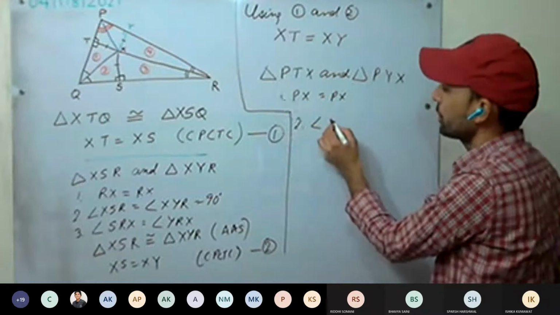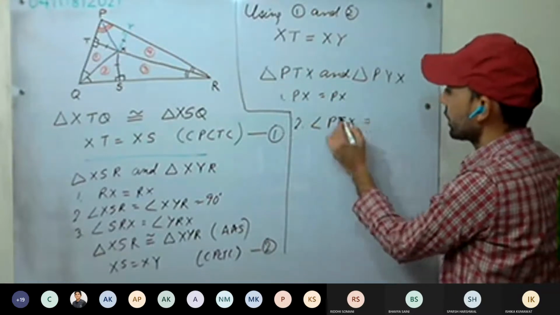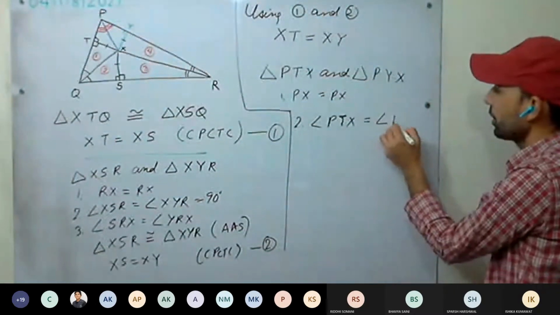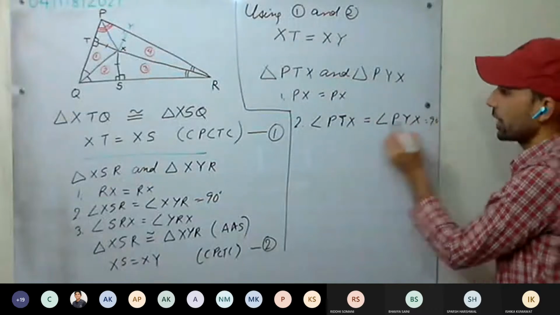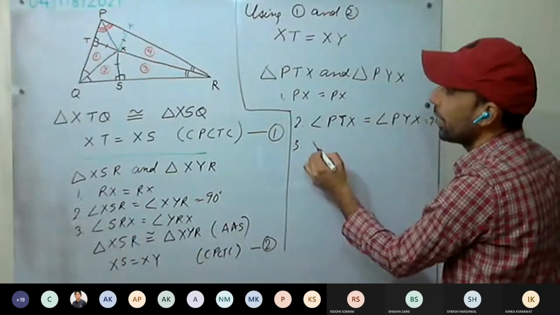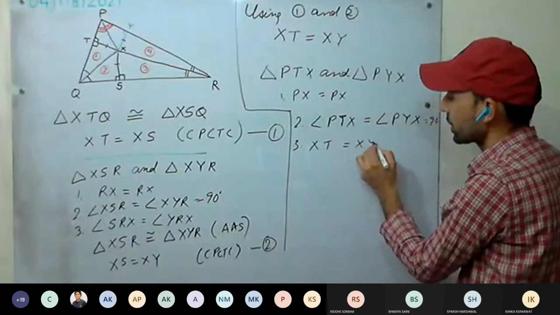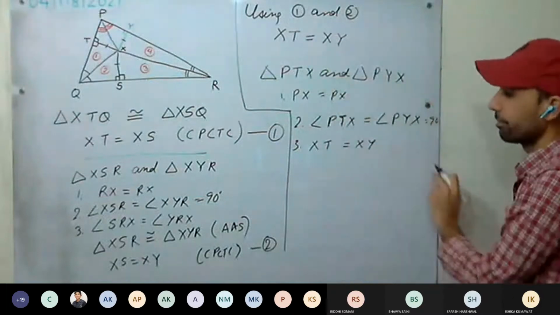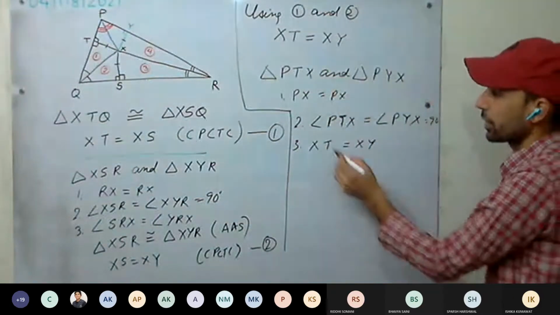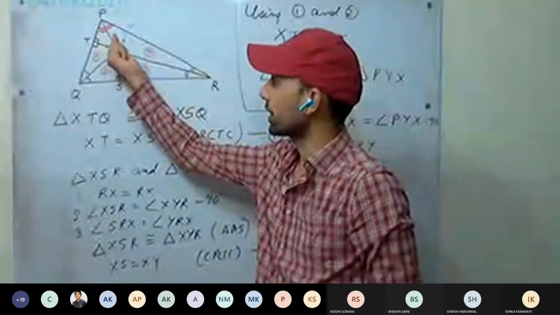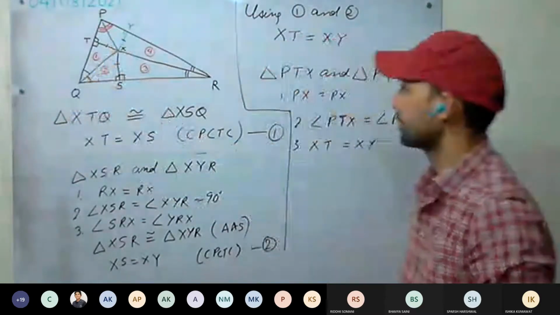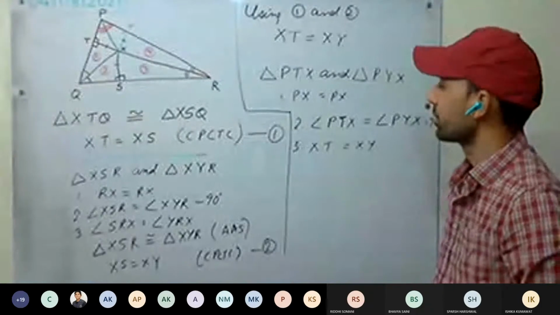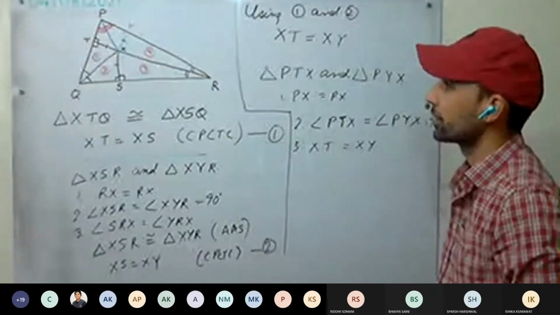Second, angle PTX equal to angle PYX, 90 degrees. Third, XT equal to XY, we have already proved. So which theorem have we used to prove them congruent?